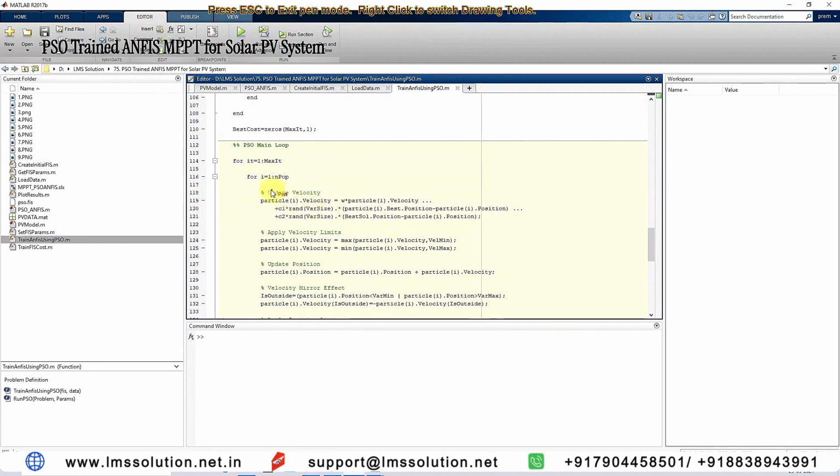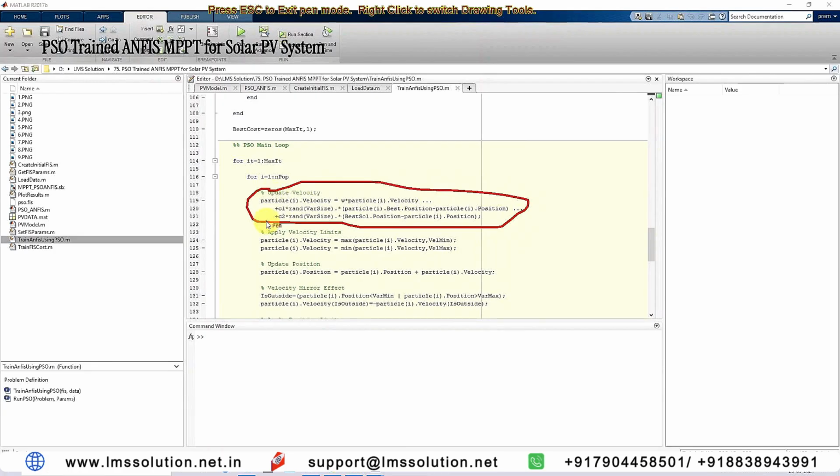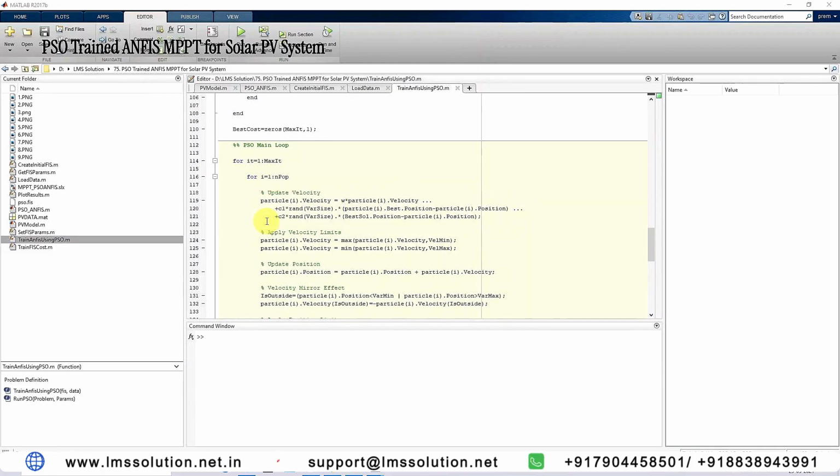In every iteration it will train the ANFIS based upon the input and output. It is going to tune the parameters of the ANFIS, right? The parameters of the input membership function and the parameters of layer 4, that means P, Q, and R. After completing all iterations, finally it generates the fuzzy inference system. That means it trains the Adaptive Neuro-Fuzzy Inference System for the MPPT algorithm.